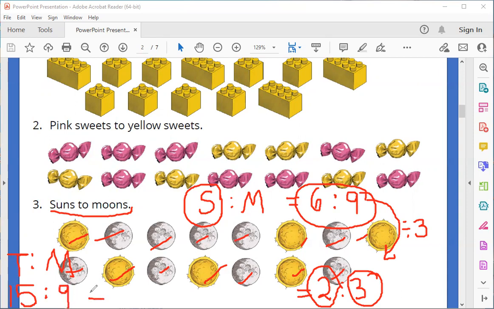So then you can also simplify this by dividing by 3 again. And that would give you 5 to 3. You see that? You can always change the question depending on what two quantities you want to compare. And then you have the ratio there. And you can simplify the ratio in a similar way to how you simplify fractions.